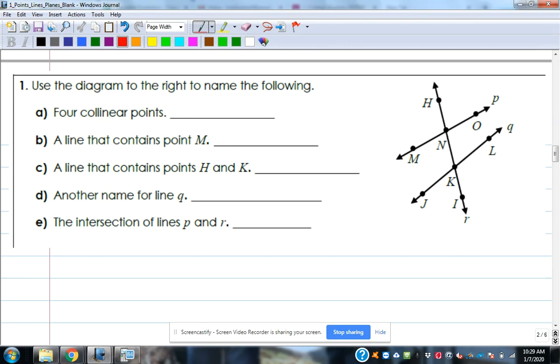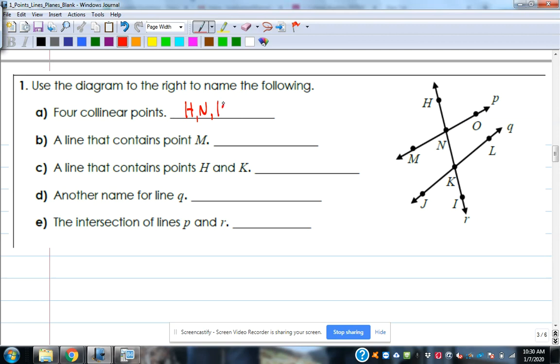Part A says four collinear points. We need four points that are collinear: H, N, K, and I. Up here, the only line that has four points named on it is line R. So H, N, K, and I. It doesn't matter what order you put that in.